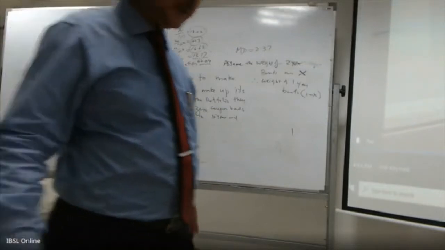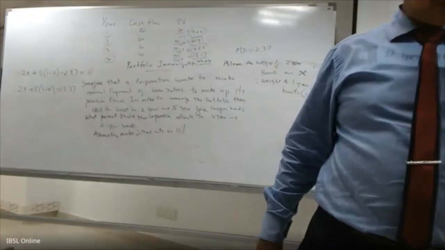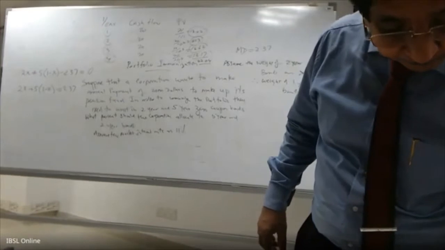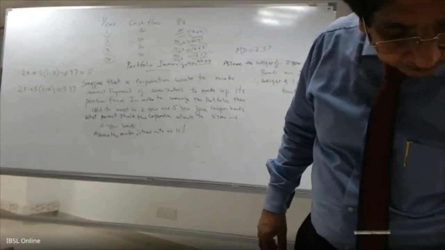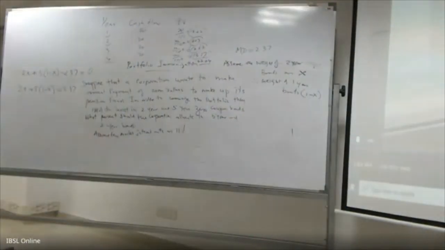Yes, 2-year bonds, because we assumed x as the ratio of 2-year bonds. Since x is 0.88, we have 88% of 2-year bonds and 12% of 5-year bonds in the book.